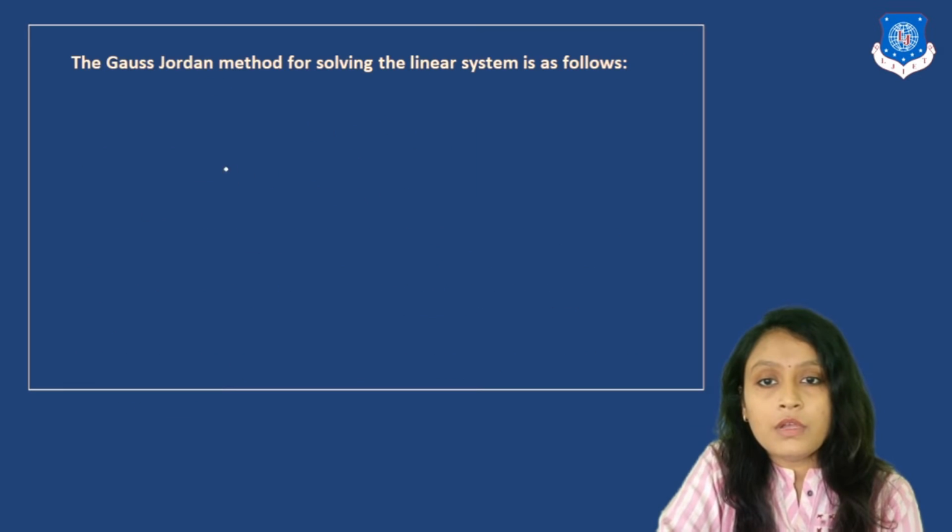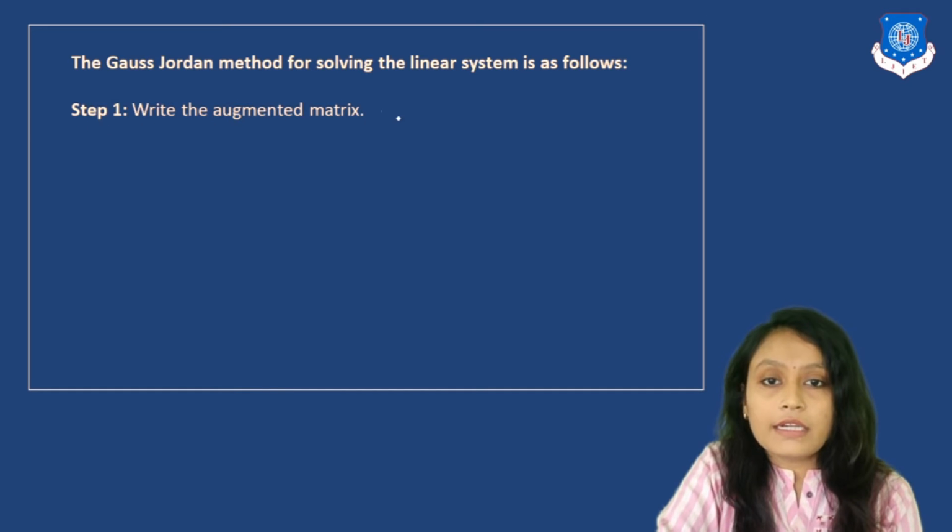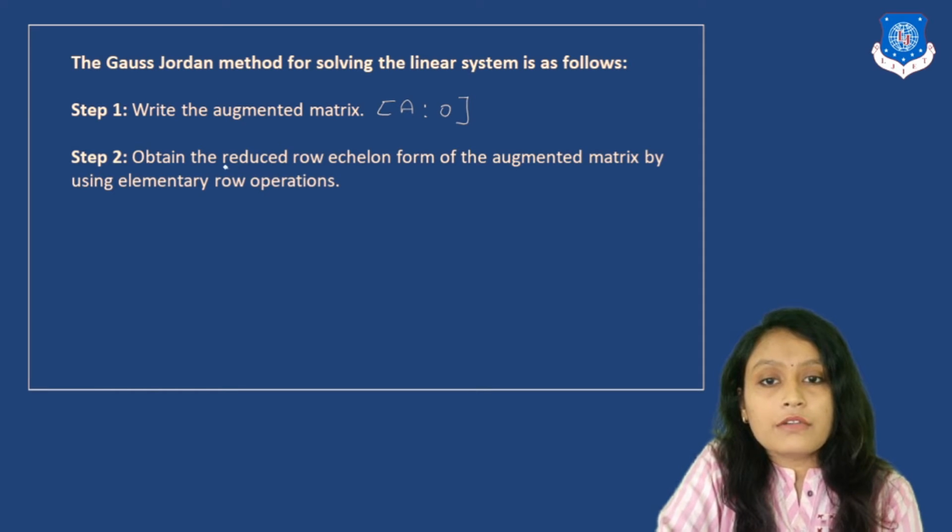Now the Gauss-Jordan method for solving the linear system is as follows. The first step is to write the augmented matrix, that is A augmented with 0. Then we obtain the reduced row echelon form by using elementary row operations.